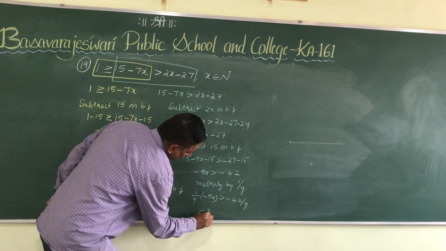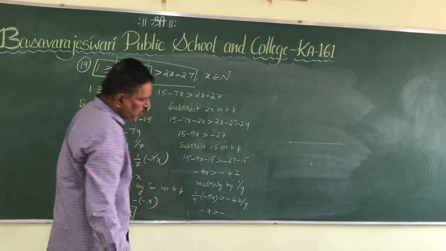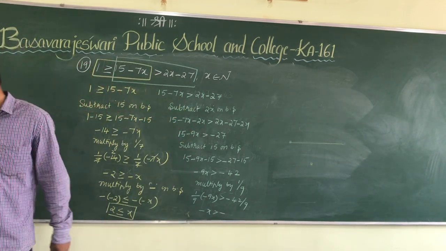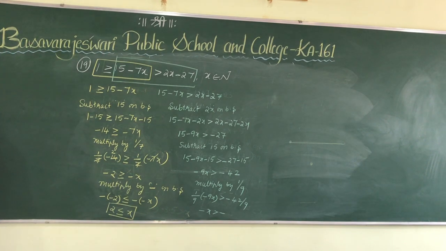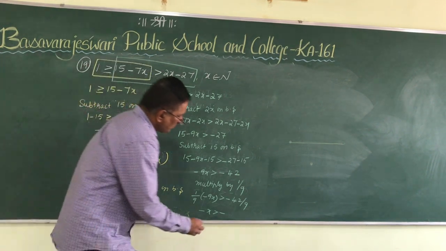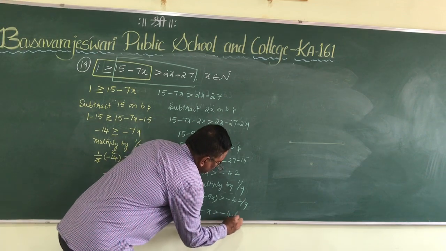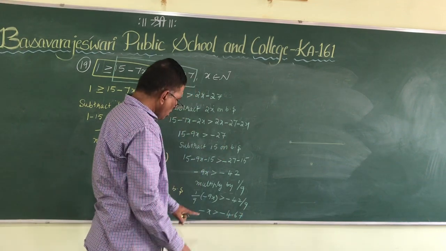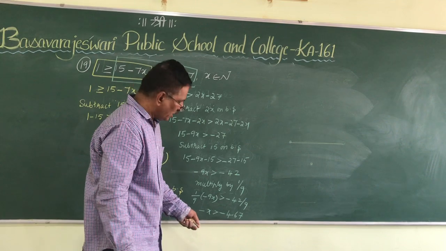So I'll get minus x is greater than minus, what is 42 divided by 9? Is it 4.66? 4.66 or 67.